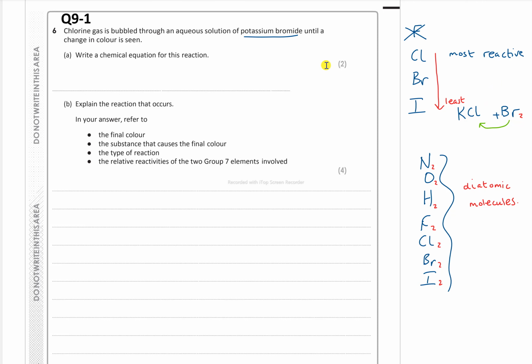So we need to write that here. So we're going to add chlorine to potassium bromide. Now the question is, why is it potassium bromide and not potassium bromide the other way round? Because we know potassium forms a positive 1 ion, group 1.